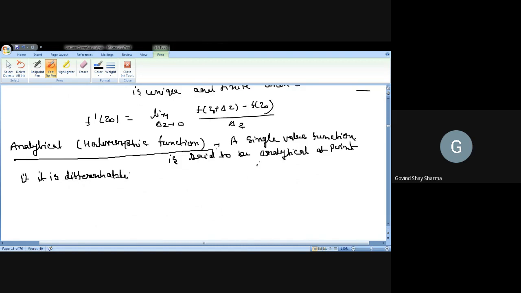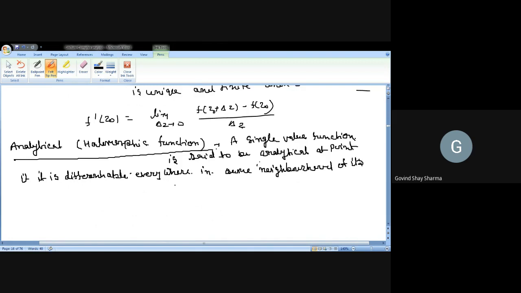It is differentiable at every point everywhere in some neighborhood of its point.